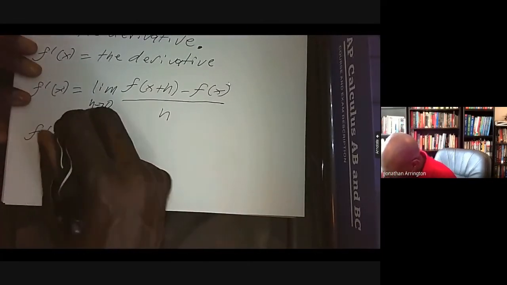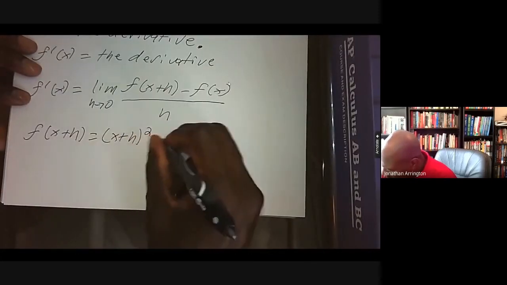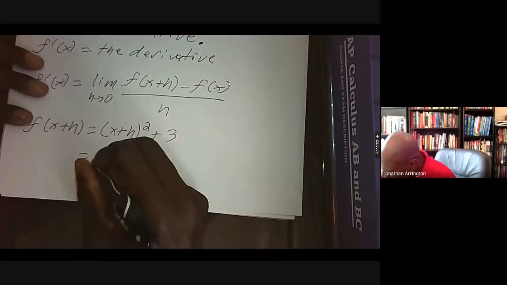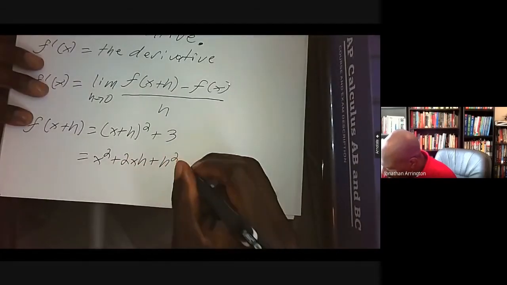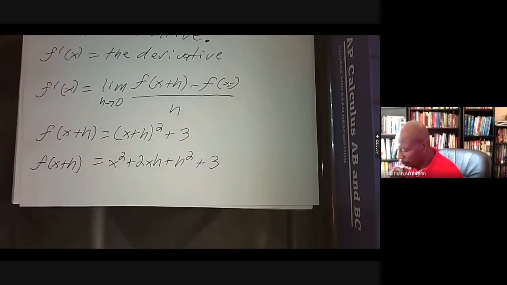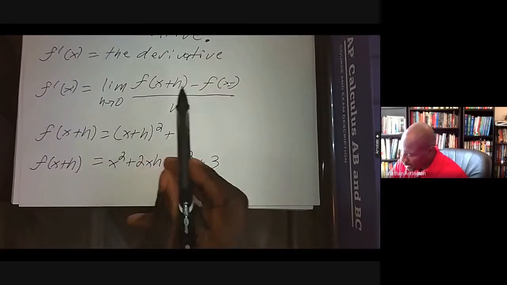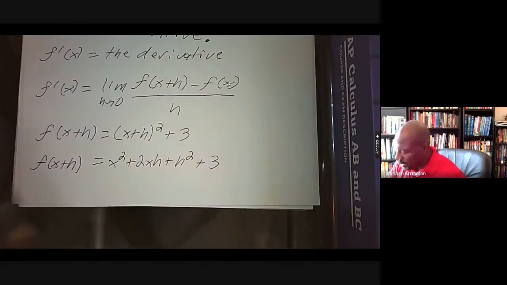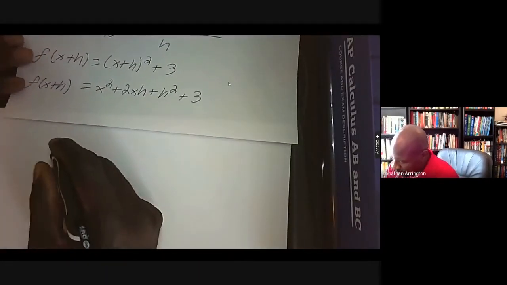So f of x plus h is (x plus h) squared plus 3. So that is x squared plus 2xh plus h squared plus 3. So there is f of x plus h. And again, what we're going to do is f of x plus h minus f of x. So let's write that. I'm doing this formula right here.